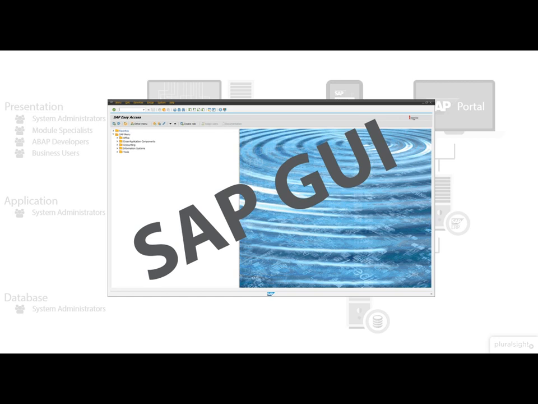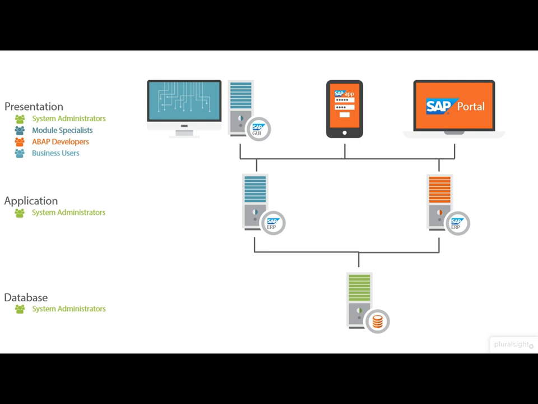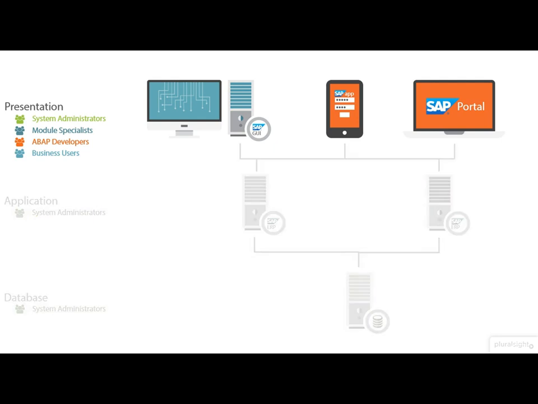And this is the tool that we will focus on in the coming modules. So in this course, we won't directly deal with the database or application layers, nor with the other clients, the SAP portal or any mobile apps, but we do log in through and work within the SAP GUI, and I will also give you great tips on efficiently using it in your everyday life.